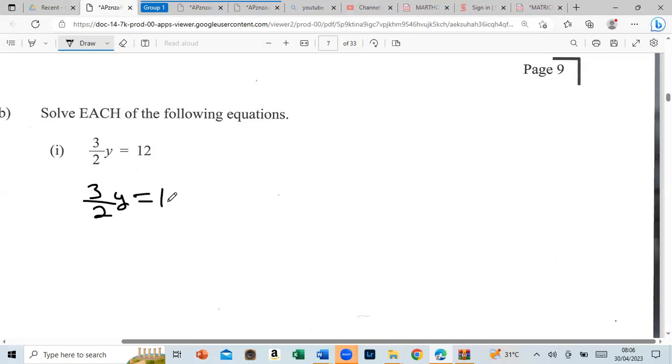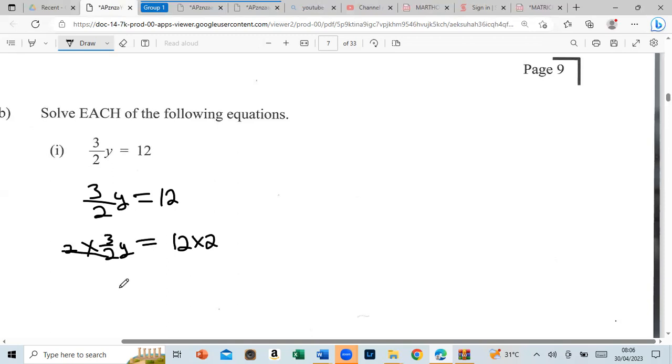All we're going to do now is take the inverse of what's happening. We're dividing by 2, so we times by 2 over here. Rewrite it in the next line for the visual persons. So it's going to be 12 multiplied by 2.